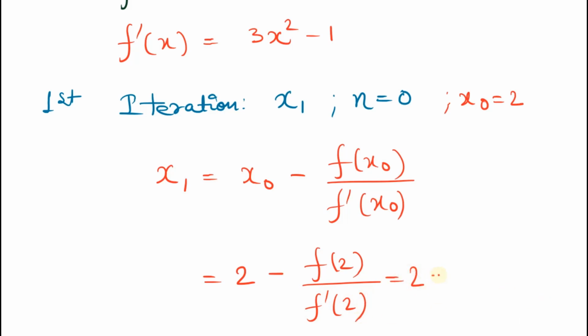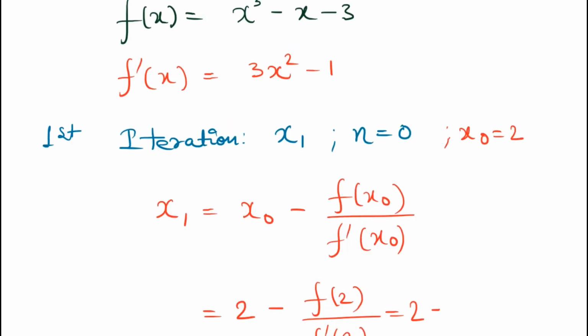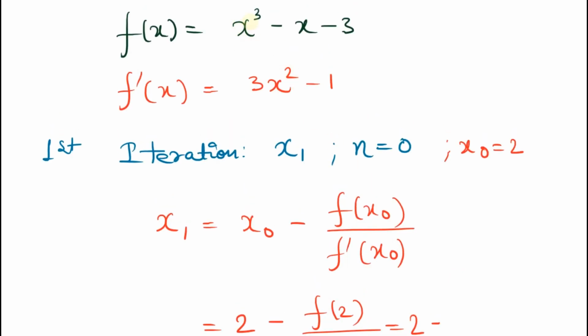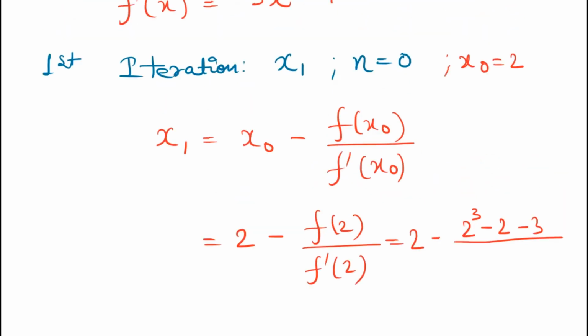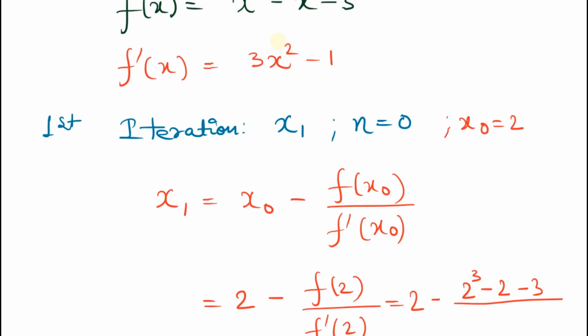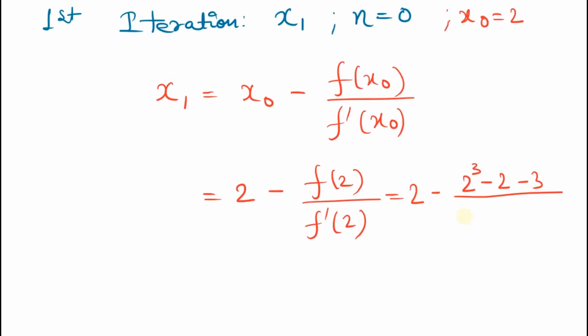Substituting 2, we get 2 cube minus 2 minus 3 divided by f dash of x0, that is 3x square minus 1, so 3 into 2 square minus 1.